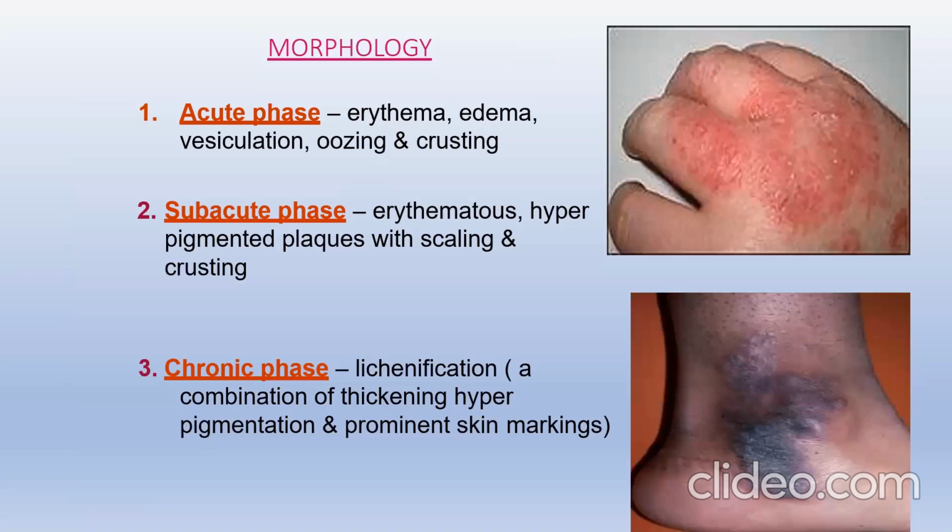Then morphology. There are three phases: acute phase, subacute phase, and chronic phase. In the acute phase, there is erythema, edema, vesiculation, oozing, and crusting.